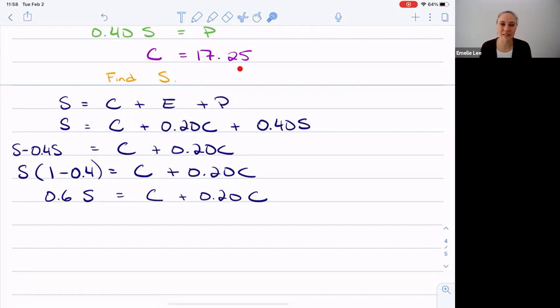We were feeling all smug and confident. 17.25, I already know C, and you could have plugged that in at any point here, and just had a number to deal with if that's what you prefer. That's just going to be practice, figuring out what you like to work with. I like to keep it as C, and then for my grand finale, I plug it in and solve for it.